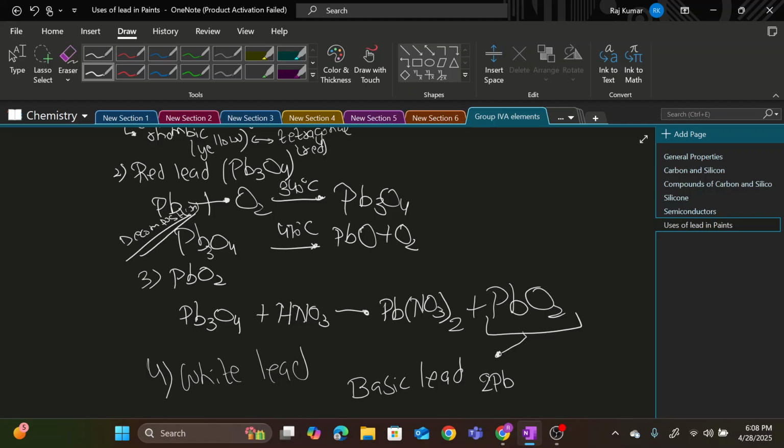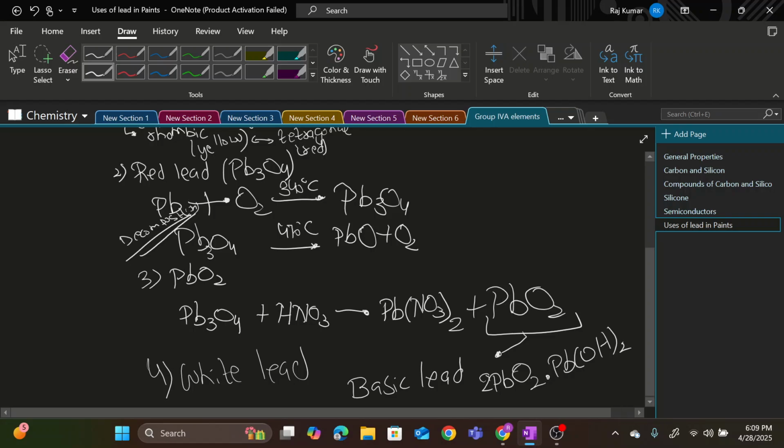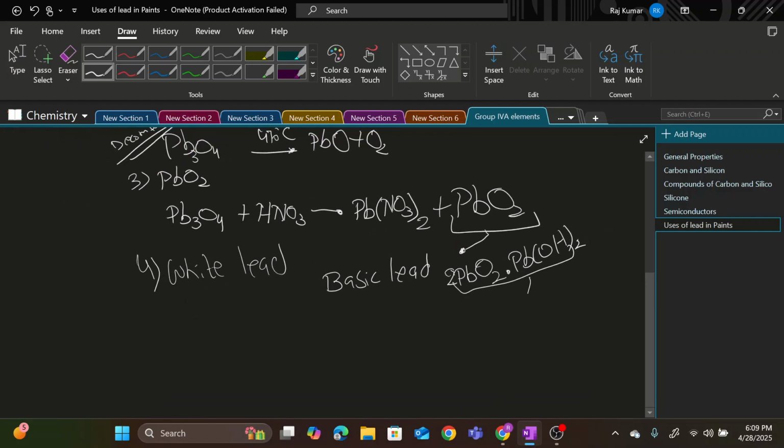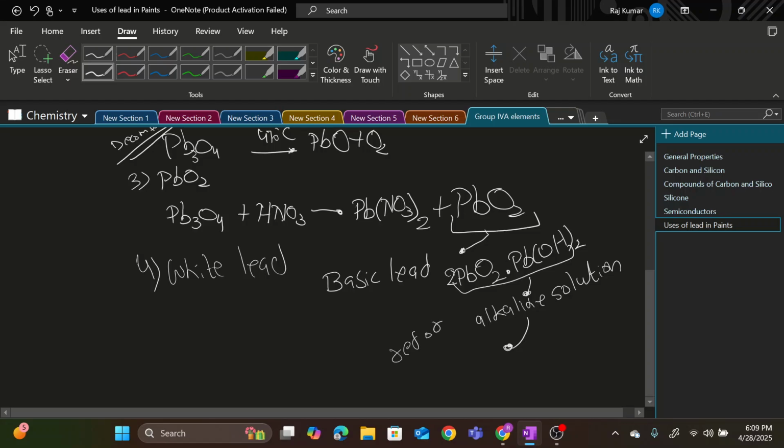This is basic lead, right? And that basic lead can be mixed in an alkaline solution in order to produce a red or orange basic lead, which can be used for making the orange or red pigment. And in that way it can be useful.